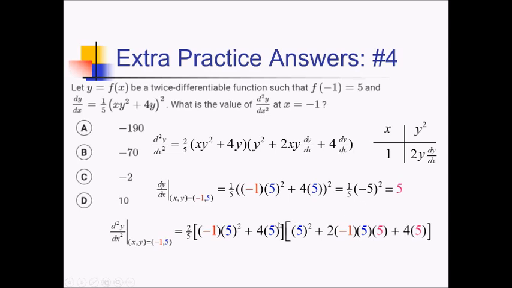Whole bunch of number crunching going on here. So this first parentheses, this is, let's see, -25 plus 20. So we have 2/5 times -5. And over here, all this craziness, we've got 25. This is going to be -50, and this is 20. So let's see here. We have 2/5 of -5.